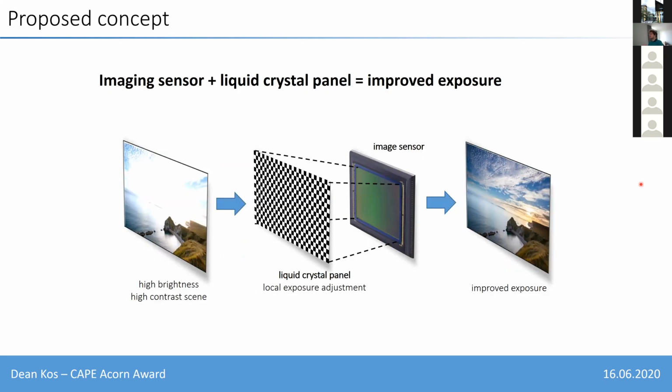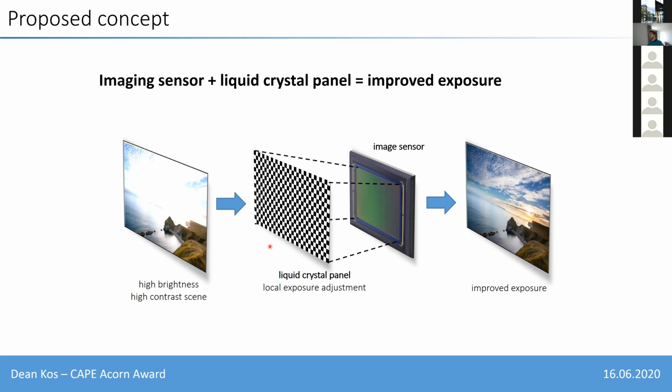So the concept that I wanted to test with this CAPE project is shown in this slide. Essentially, the idea is that you have your imaging sensor, which is what you find inside your camera, mobile phone or whatever. And then the idea was to put a liquid crystal panel in front of it. This would be a pixelated panel that is typically found in displays, and there are millions of applications of liquid crystal panels.